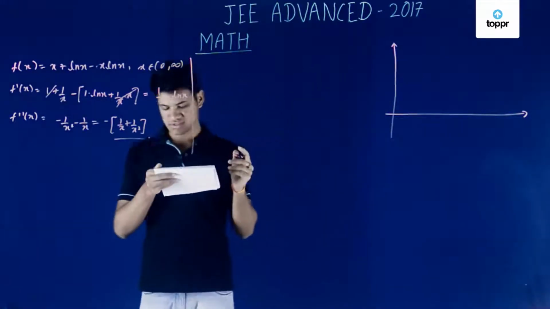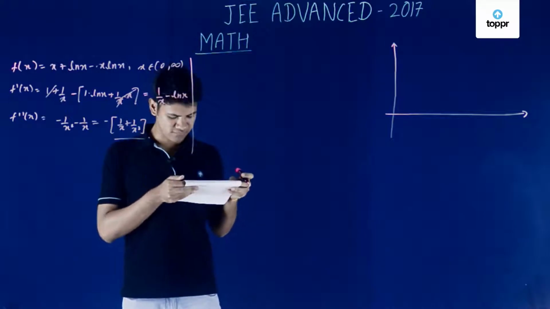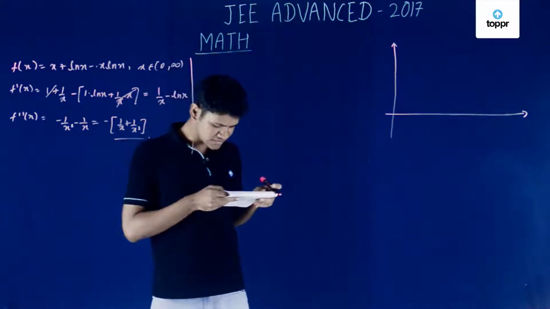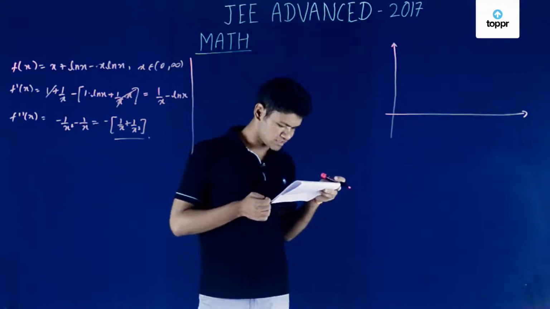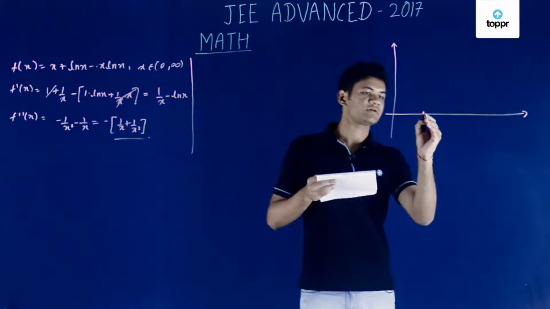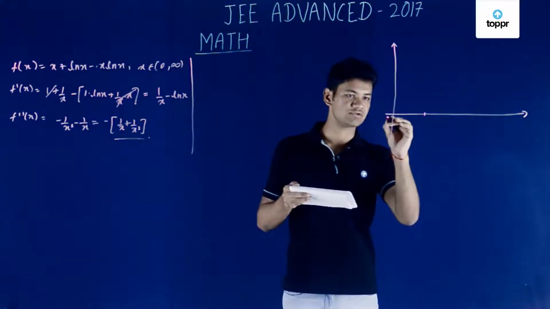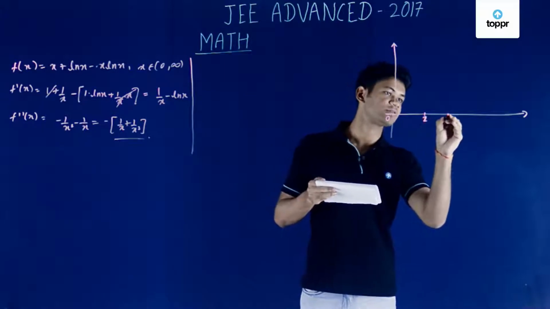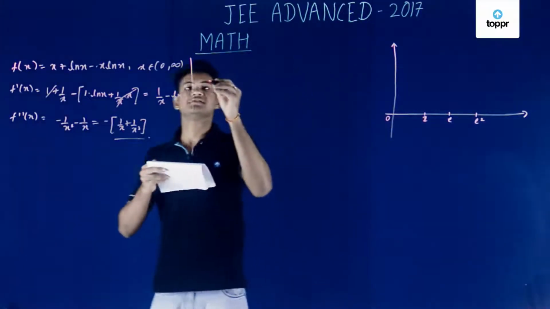Now we need to analyze these functions around the points of x, such as 0, 1, e and e square. So let us try finding out the values of the function around these values. So yeah, let's start.